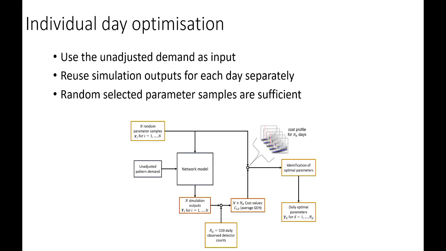We then combine all of those with the daily observed detector counts. Each simulation is compared with each daily detector count to get a cost profile for each day. And then the task becomes identifying the optimal parameters from this cost profile. So we're no longer doing optimization at the point where we're selecting parameters, but we do still have a step of optimization at the end where we identify the optimal parameters.